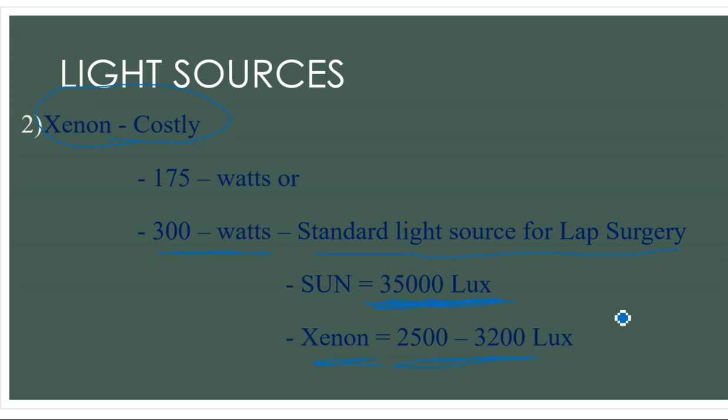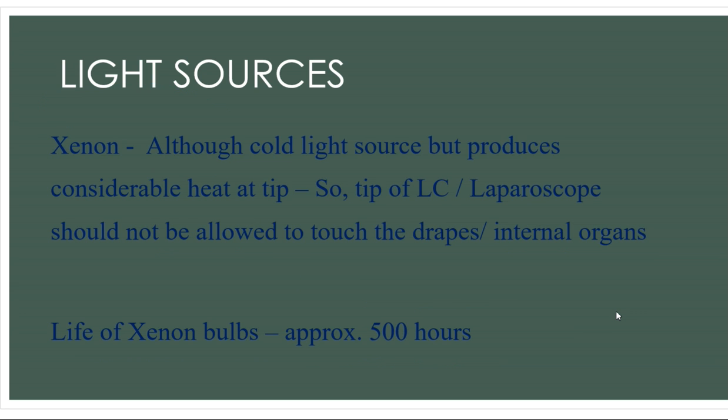After all, we know that the most important natural light source is the sun. So 35,000 lux, whereas xenon is 2,500 to 3,200. The sun's luminous flux is more than 11 to 12 times the light produced by the xenon light source.